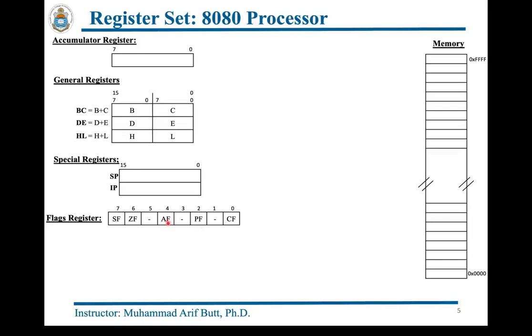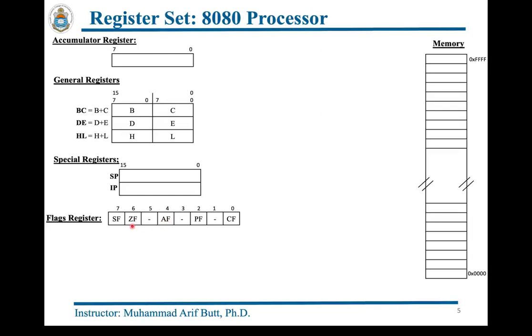It holds the carry out after addition or the borrow in after subtraction between bit position 3 and 4 of the result. In early processors, auxiliary flag was used in BCD arithmetic. This flag is also not of much usage in today's microprocessors.